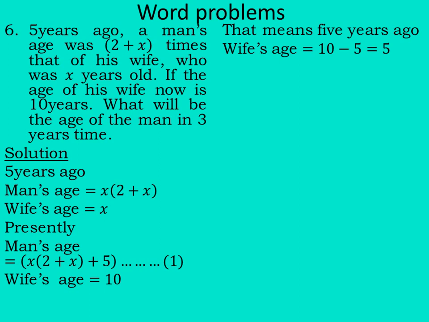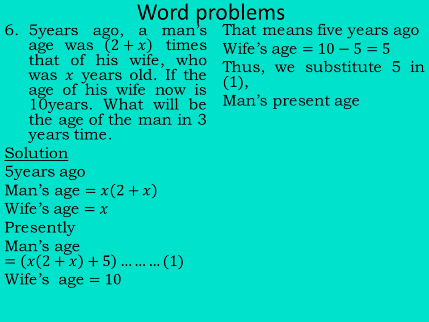That is, the age of the wife 5 years ago is 5. So now we substitute 5 for x in equation 1 because 5 is the age of the wife.